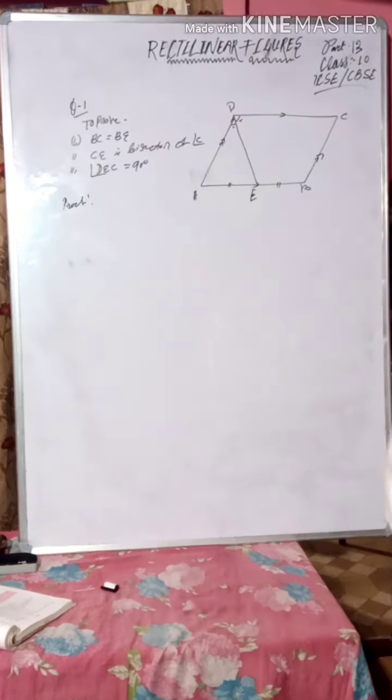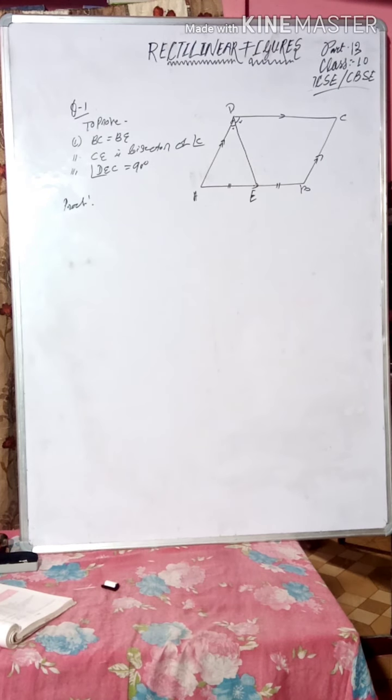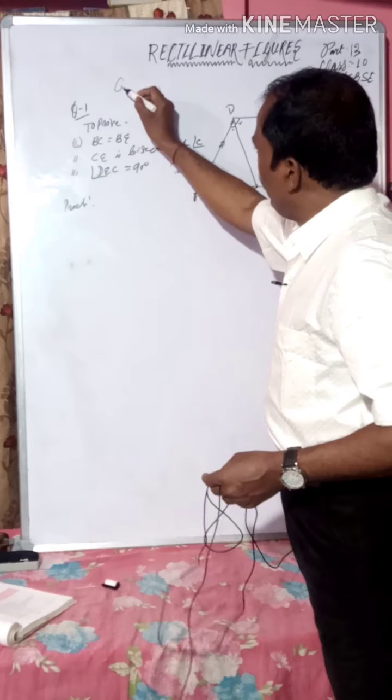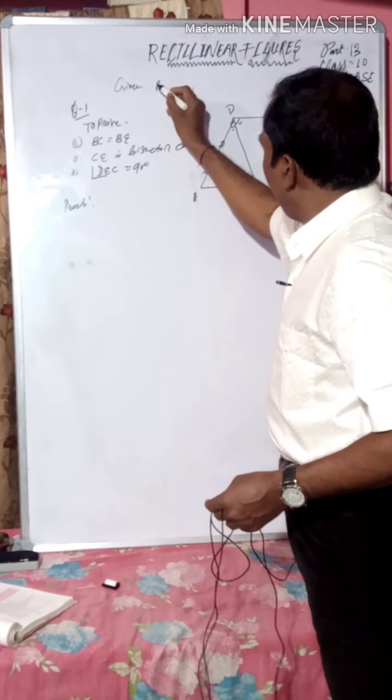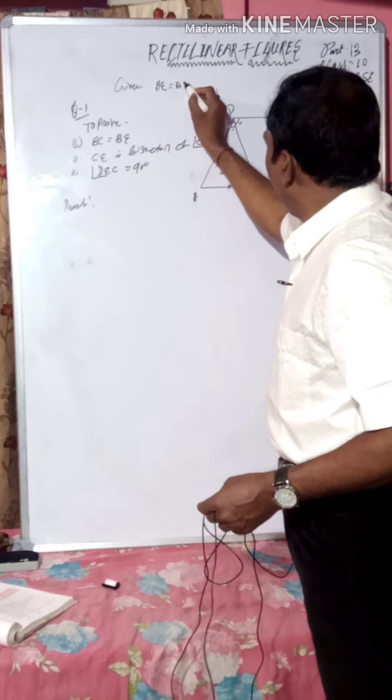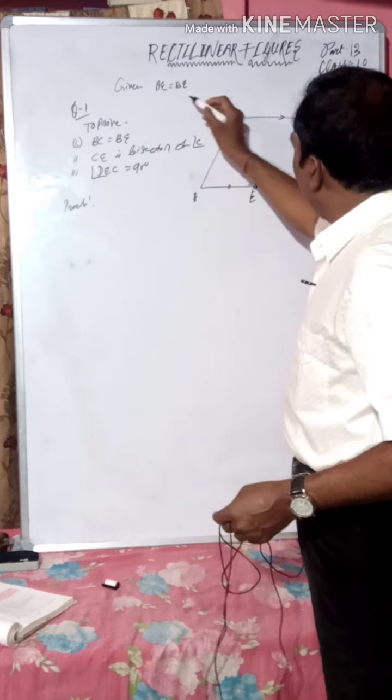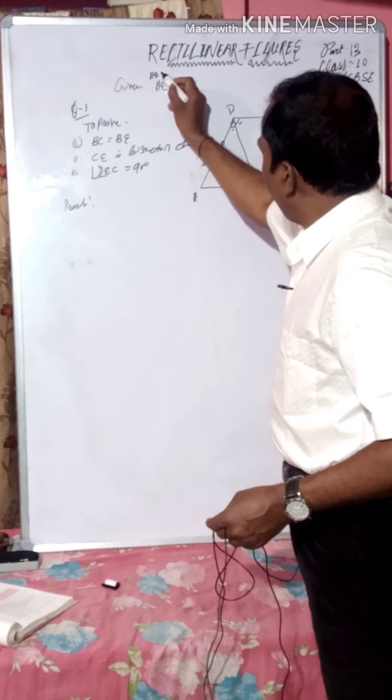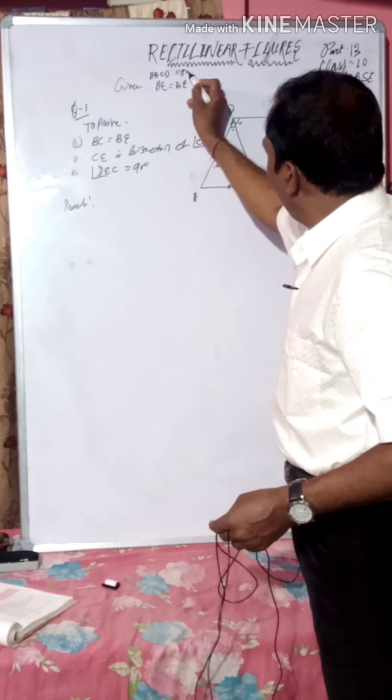Now look, ABCD is a parallelogram. E is the midpoint of AB such that AE is equal to EB. That is given. Suppose given AE is equal to BE and ABCD is a parallelogram.